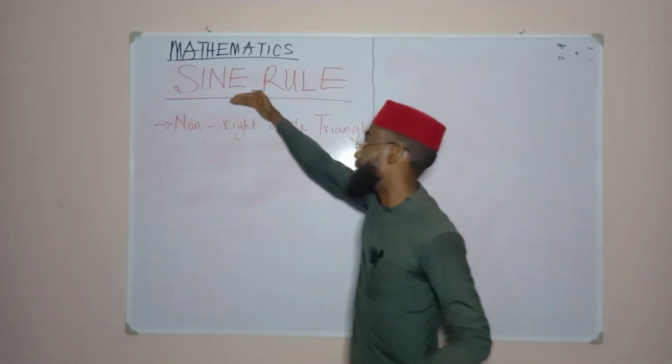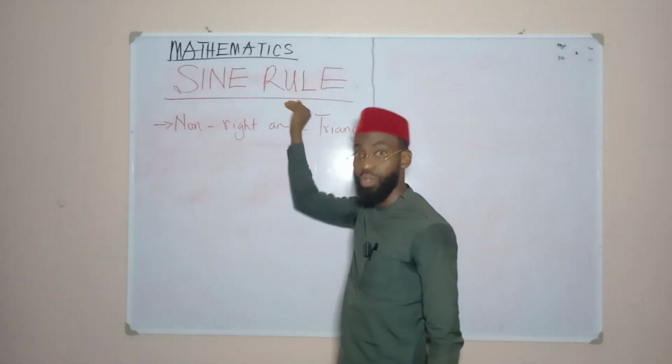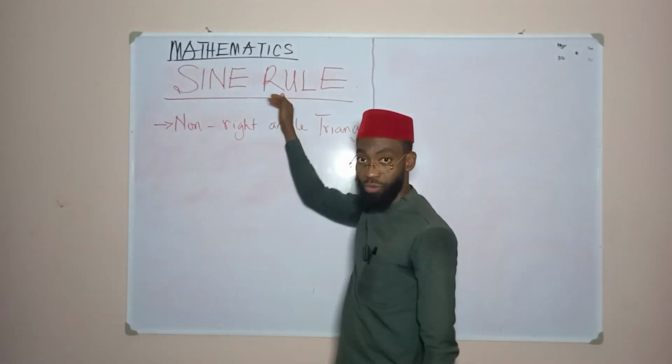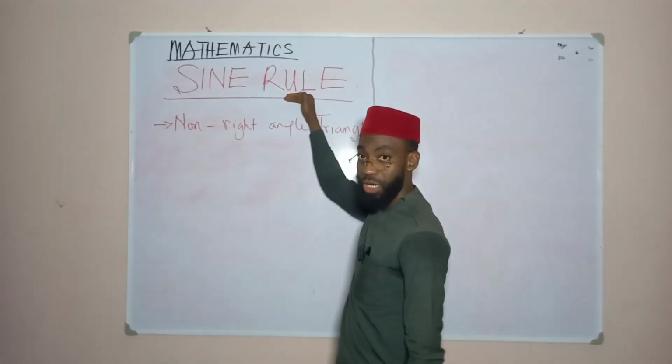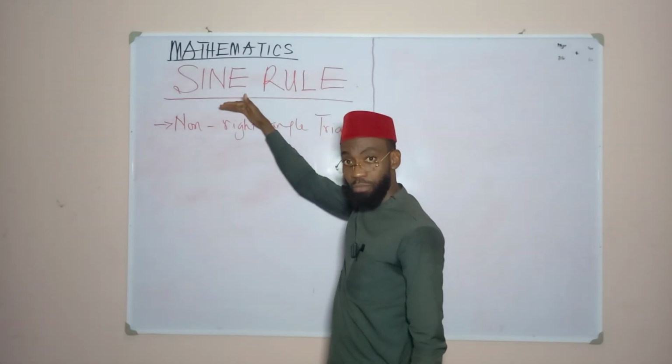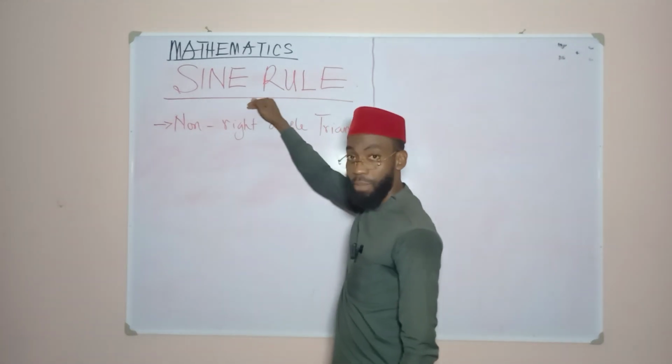We're going to see the cases in which we are allowed to use the sine rule and the cases in which we are allowed to use the cosine rule. In the next video, we're going to consider the cosine rule, but today we'll talk about the sine rule.